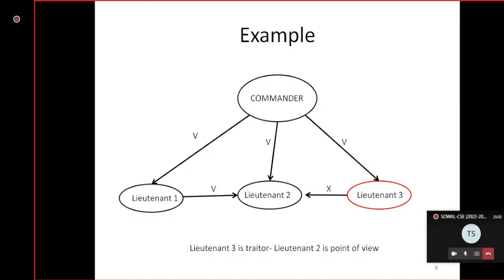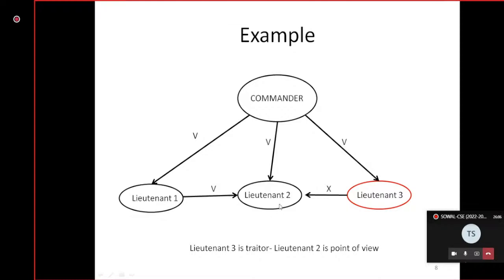So each lieutenant has to decide what to do based on the commander, because there may be possibilities that the commander may be a traitor or some lieutenant may be a traitor. So they perform a voting-like mechanism: whatever instruction is received by lieutenant 3, it has to share with lieutenant 2, because it is a traitor and it wants to interact with lieutenant 2 as well. Now, lieutenant 1 also says what command was received from the commander.